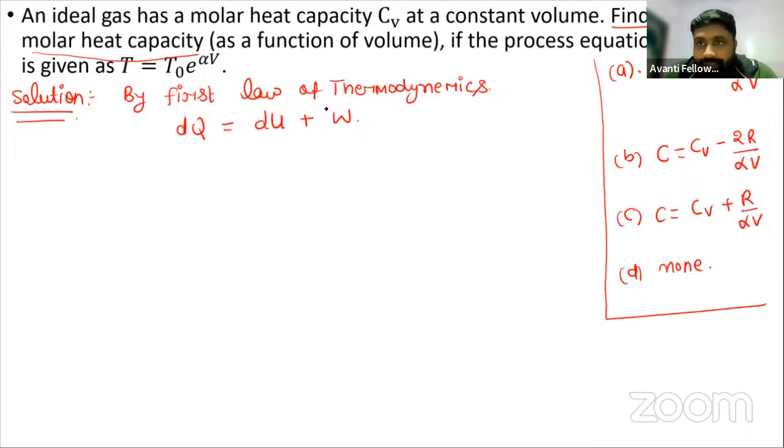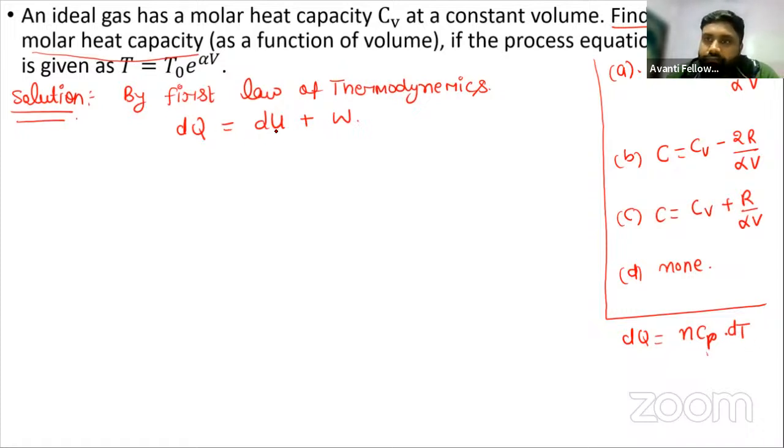Now dQ we can write as nCp dT, because at constant pressure the heat given to an ideal gas or a system is going to change the internal energy and do some work. So we can write it as nCp dT.